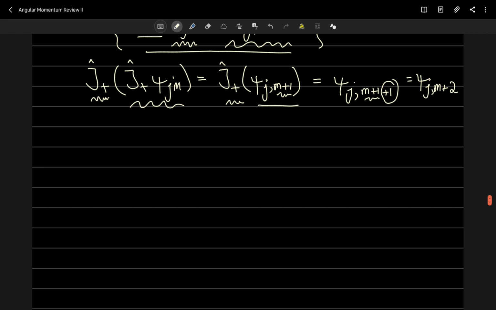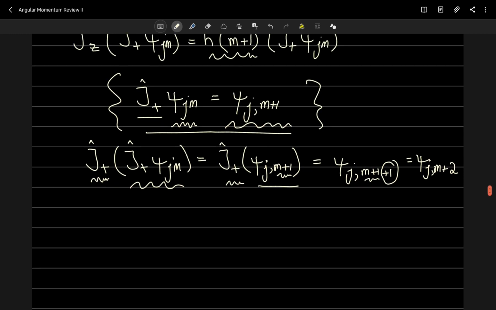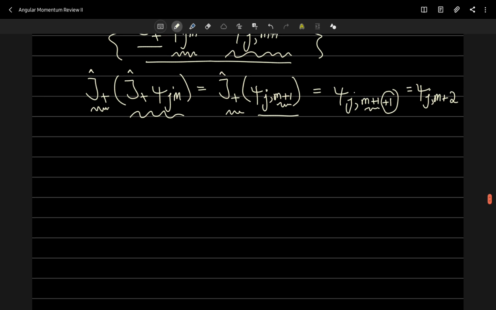In a similar manner to how we did it for j plus, we could write it for j minus, or you could do this yourself as an exercise. We could write j minus acting on psi j m as equal to psi j, and this would take away 1 from your quantum number, so m minus 1.